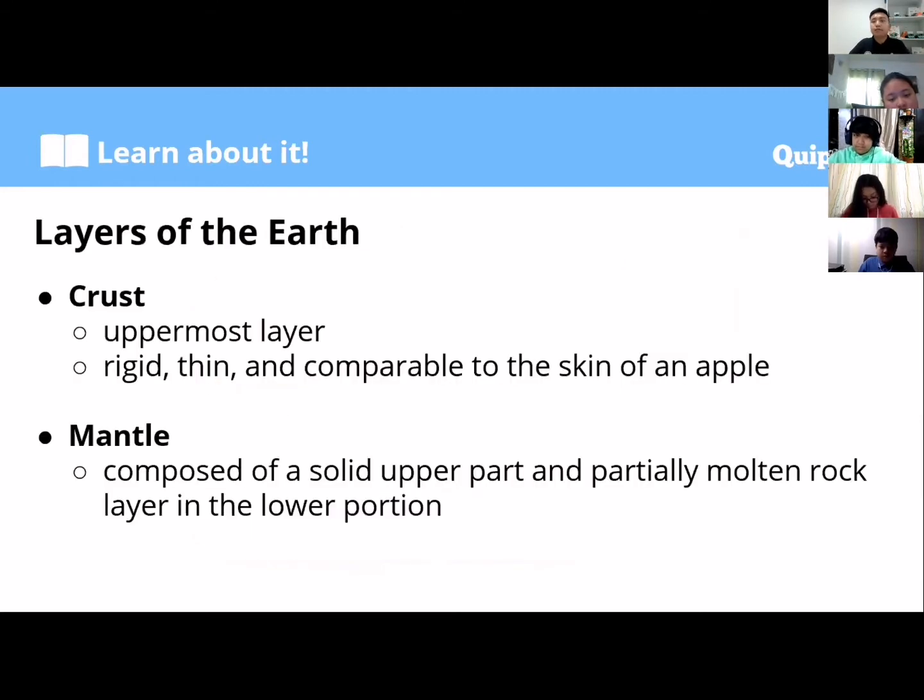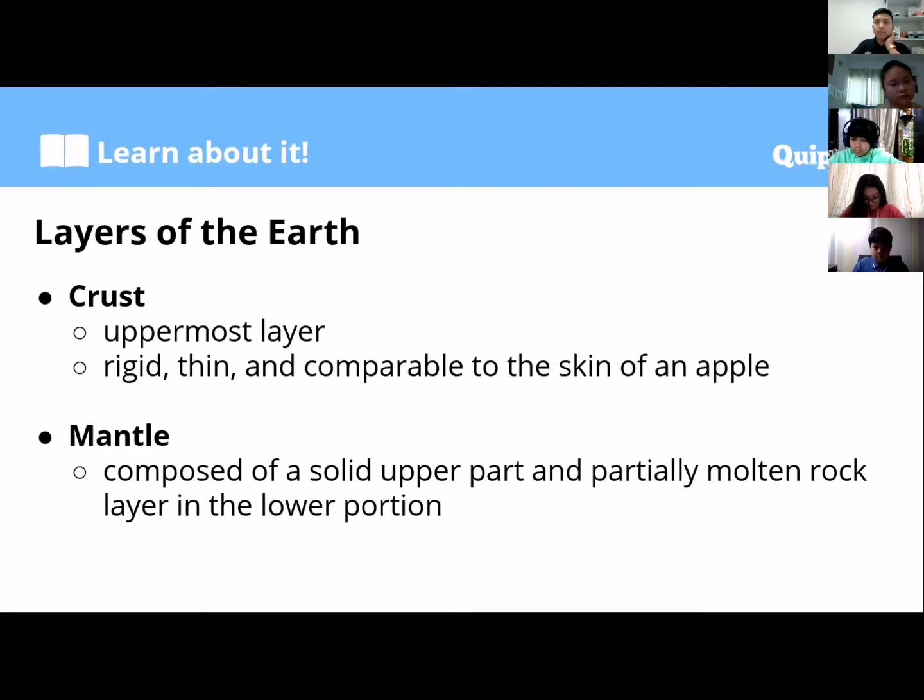And then of course, we have the layers of the Earth. You are very familiar for this. Just to recall, we have the crust, the uppermost layer, the rigid thin and comparable to the skin of an apple, or the shell of an egg. And then the mantle, composed of a solid upper part and partially molten rock layer in the lower portion. So yung sa mantle natin, ano kayang i-compare natin dyan?